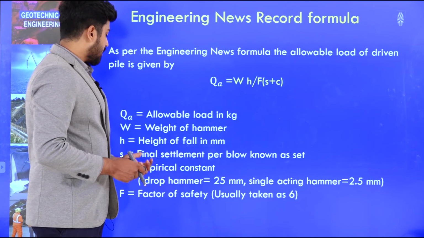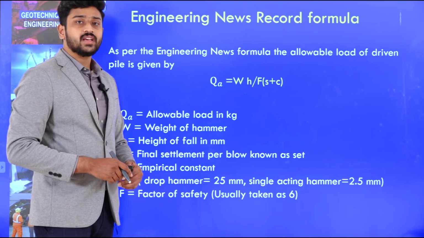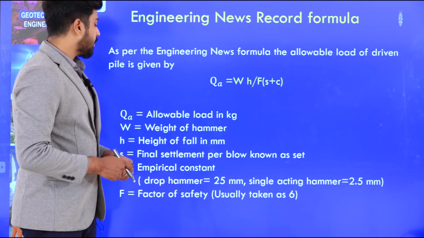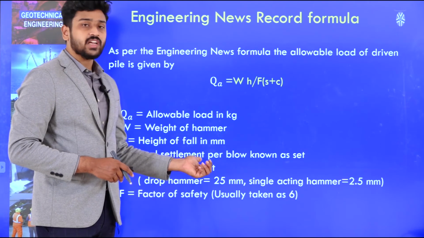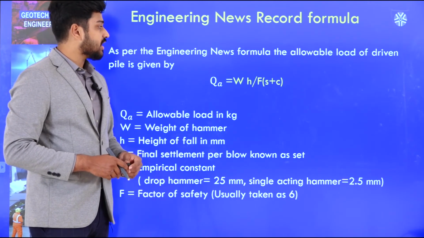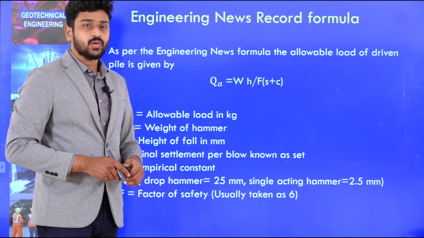And F is the factor of safety, usually taken in this case as 6.0, and S is the settlement, considered as the final settlement per blow, also known as the set, and C is the empirical constant that is considered.